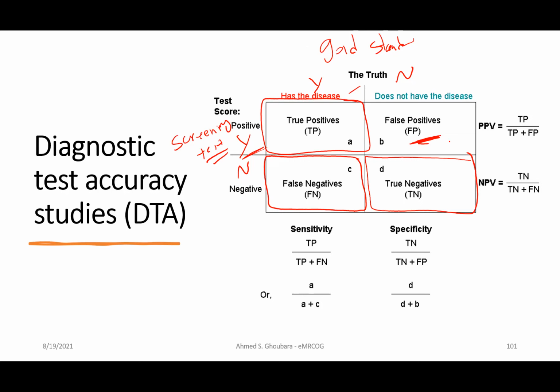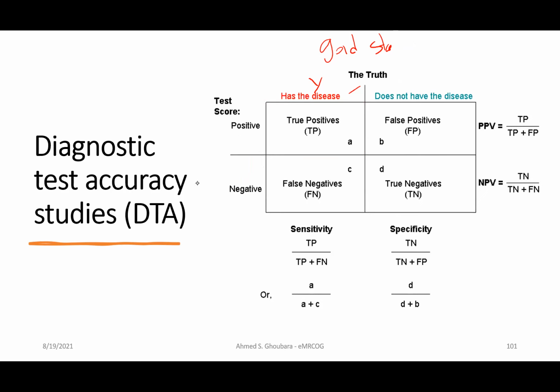Now we constructed the table. Now we know what's false positive, false negative, true positive and true negative. So what are the diagnostic test accuracy measures that we need to calculate? We need to calculate sensitivity, specificity, and the true positive and true negative rates.